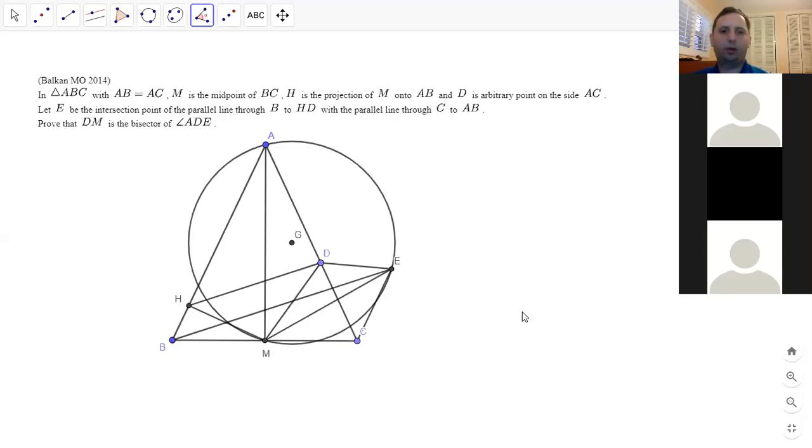Or maybe we could use ratios to show that AD times DE is DM squared. I guess there's a couple things we could try.